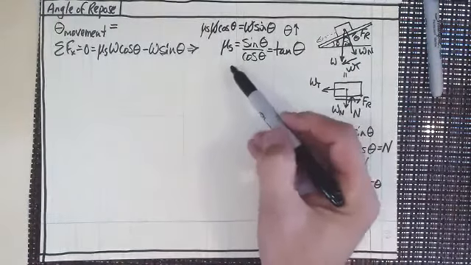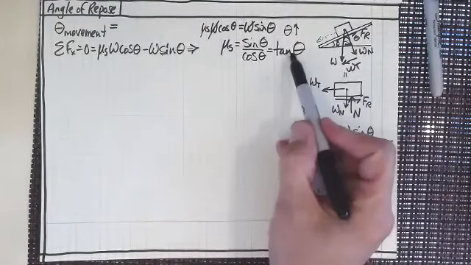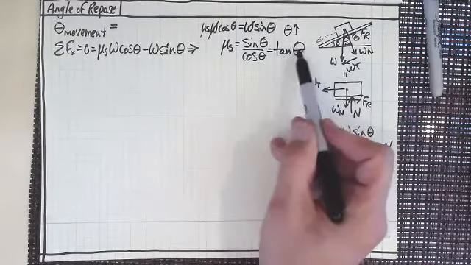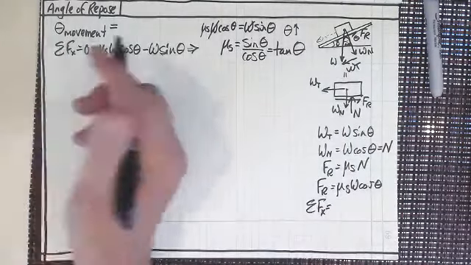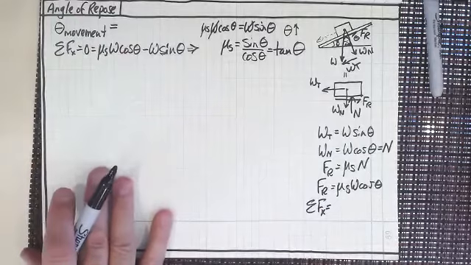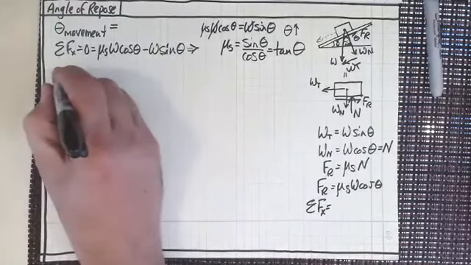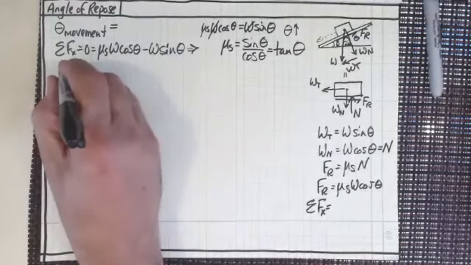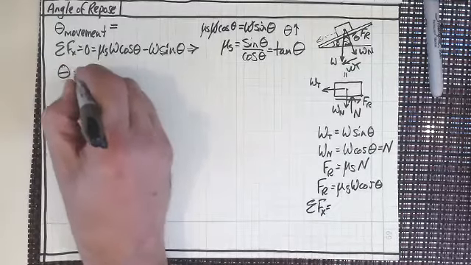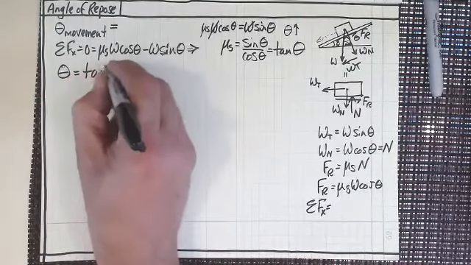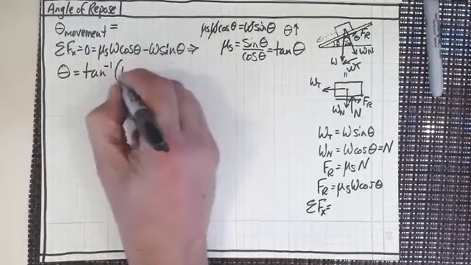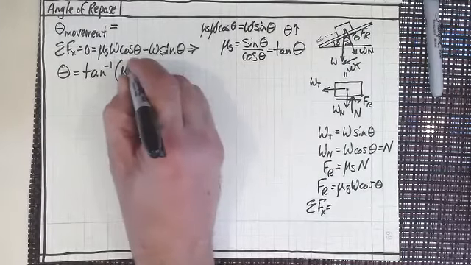Which, of course, equals the tangent of theta, right? So theta and mu sub s are connected. And here is our rule: theta equals the inverse tangent of mu sub s.